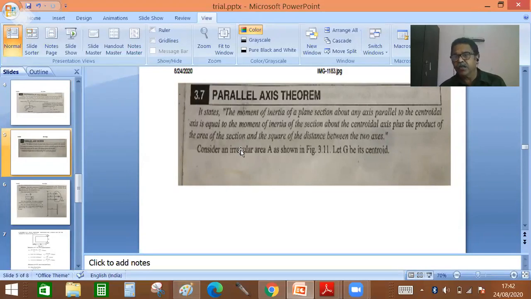Other diagrams means we have already mentioned 5 standard diagrams, that is rectangle, circle, semicircle, quarter circle, and triangle. Then another subpart, hollow rectangle, hollow circular, etc. These are the standard shapes for which you can derive certain formulas, and according to those formulas, you can get the value of moment of inertia directly.